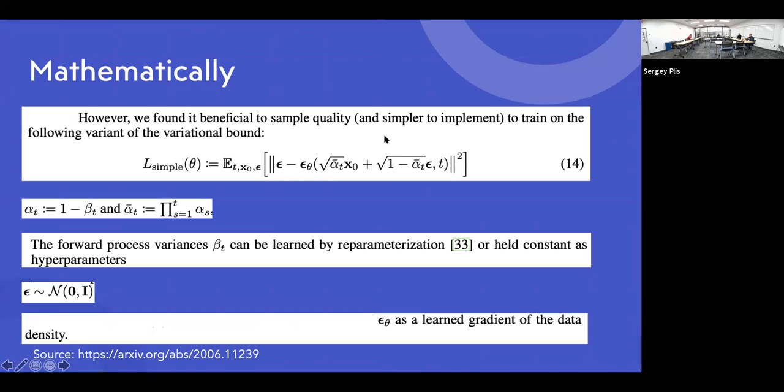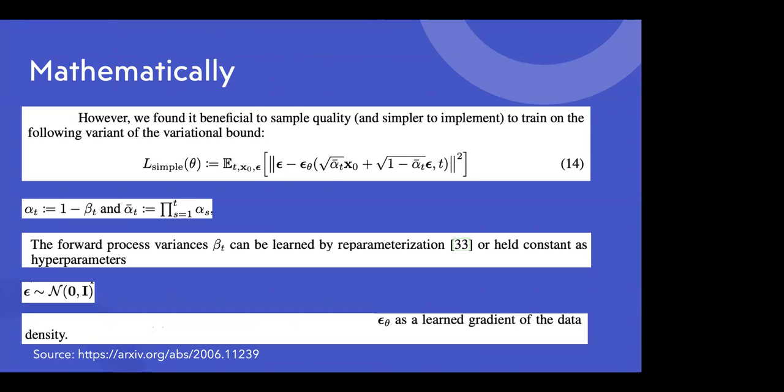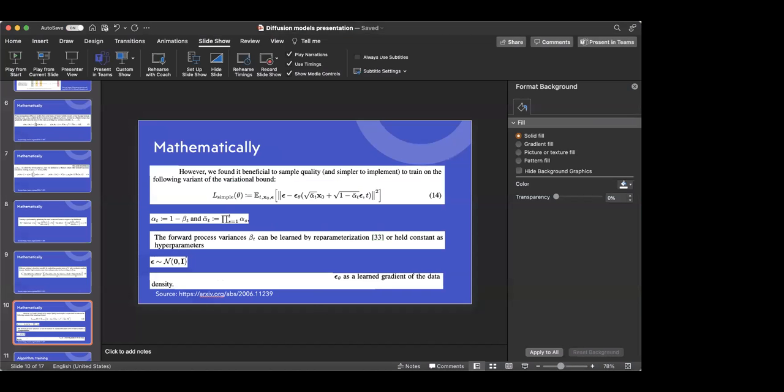What they're saying here is this is just a sampled XT, because it's the mu of XT plus the variance times a sample from a normal distribution. And we're trying to predict XT minus 1, but XT minus 1 shouldn't depend on X0. That's the whole problem we just described.